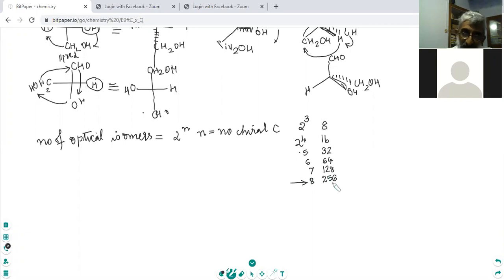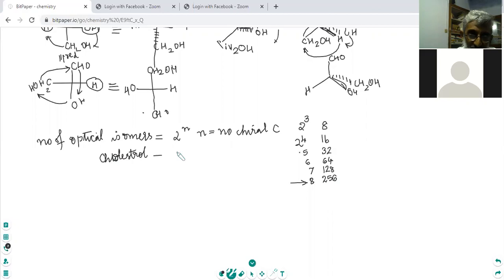A very good example for that is cholesterol. Everyone knows what is cholesterol, right? The greatest villain today. Now you can write 256 structures for cholesterol.